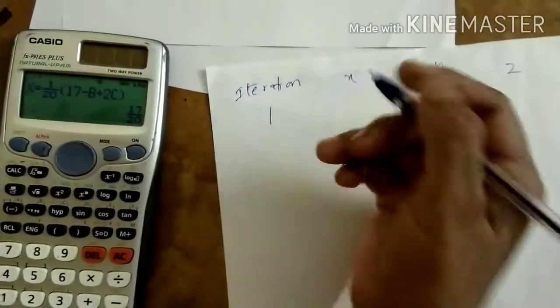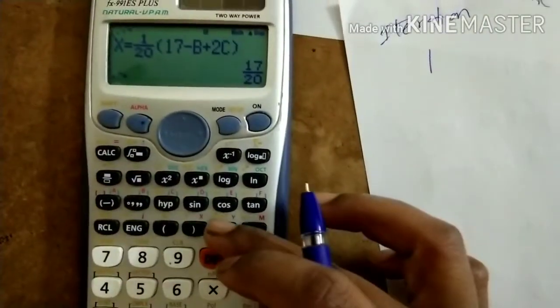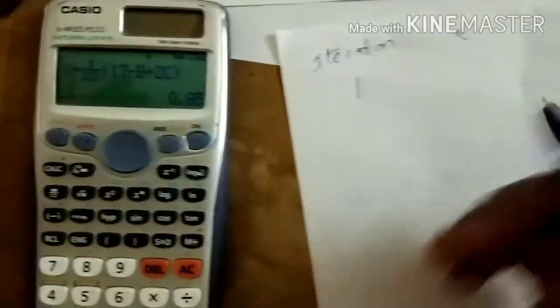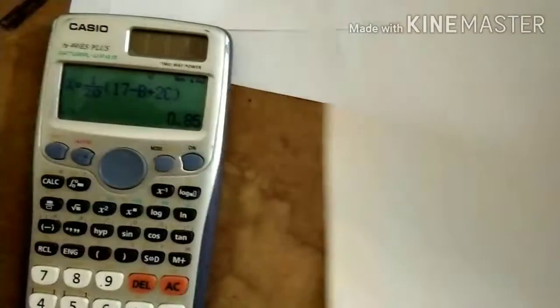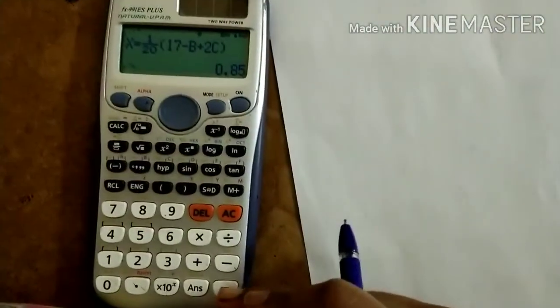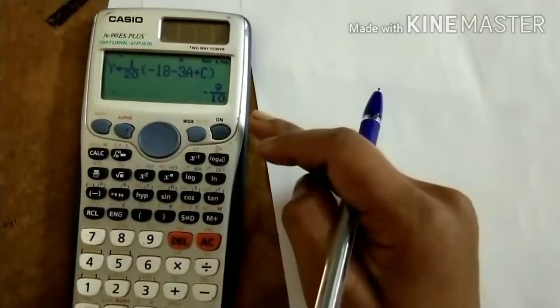So for the first iteration using the starting guess, we got the value of x as 17 by 20. Converting this to decimal, the value is 0.85. And then after noting down this value, press equal to, we see capital Y on the display.